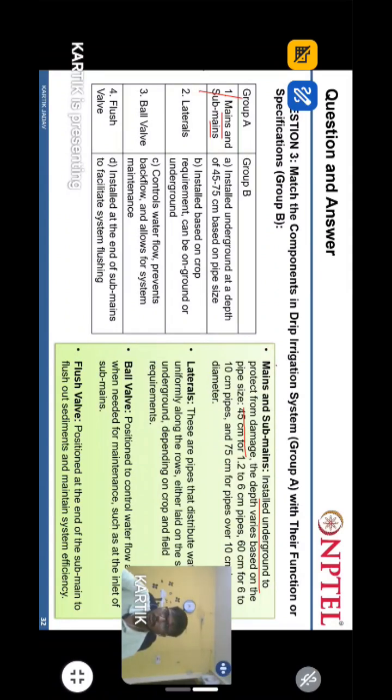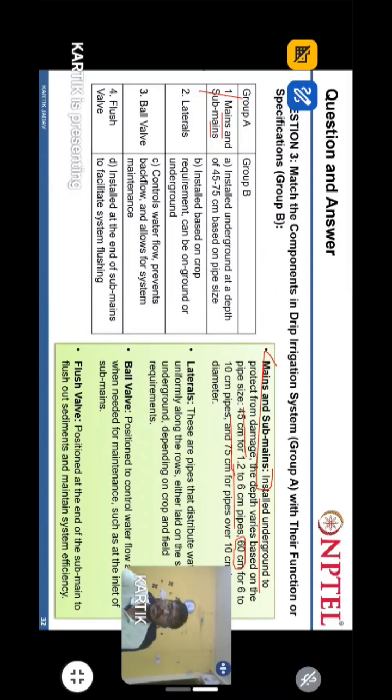And the installation depth of main and submain lines varies from 45 centimeter to 60 centimeter, and that depends on the diameter of the pipes, right?